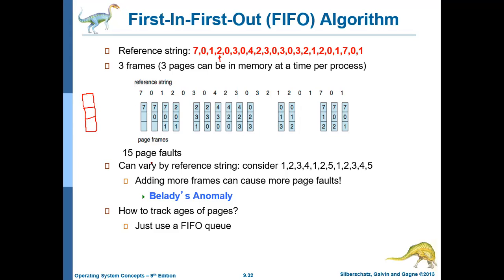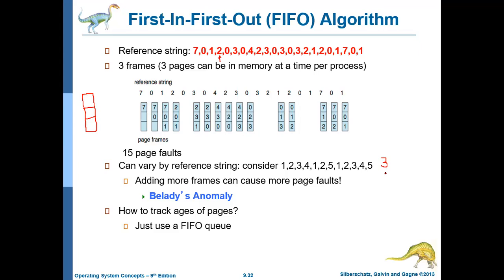But here in this algorithm, first in, first out, FIFO algorithm, we may have such a situation that adding more frames can cause more page faults. This problem is known as Belady's anomaly. So you can use this string, and you can solve the same thing using two different schemes.